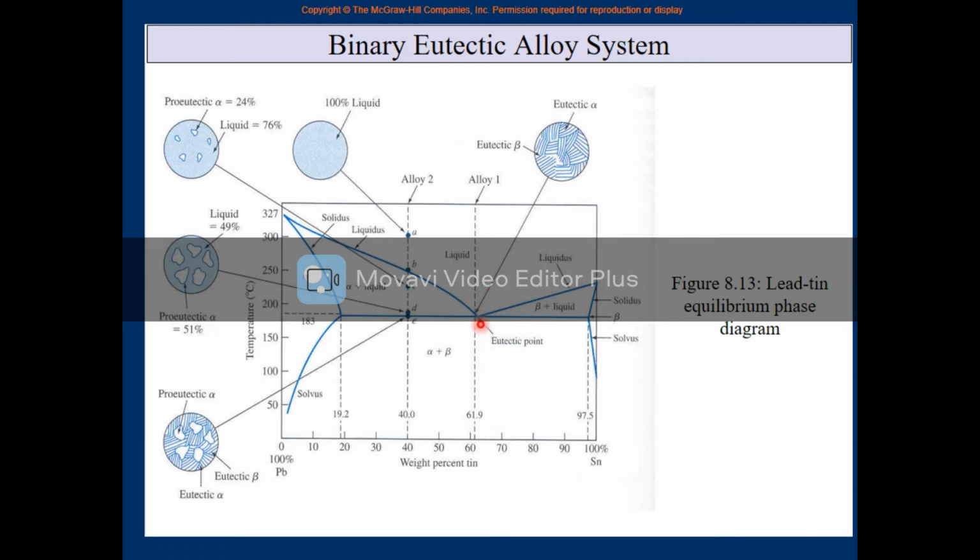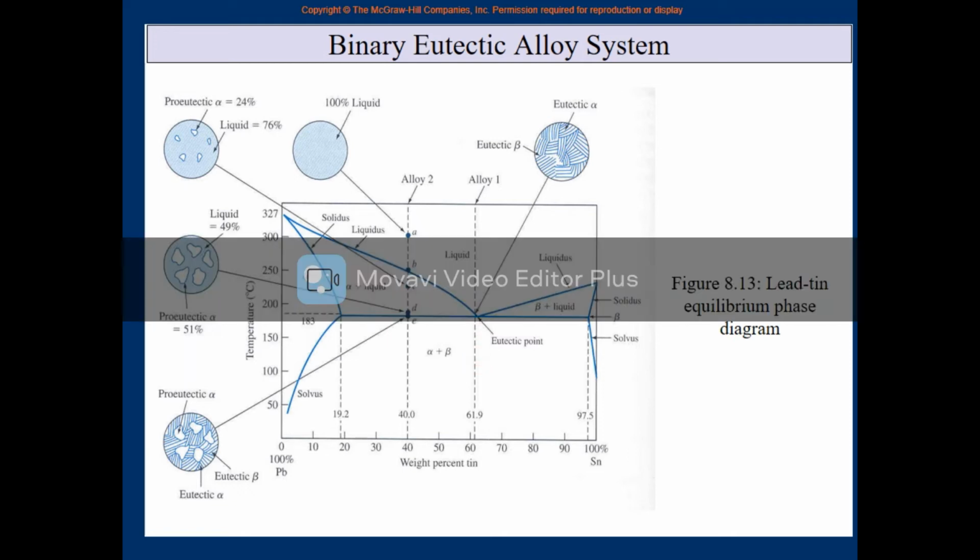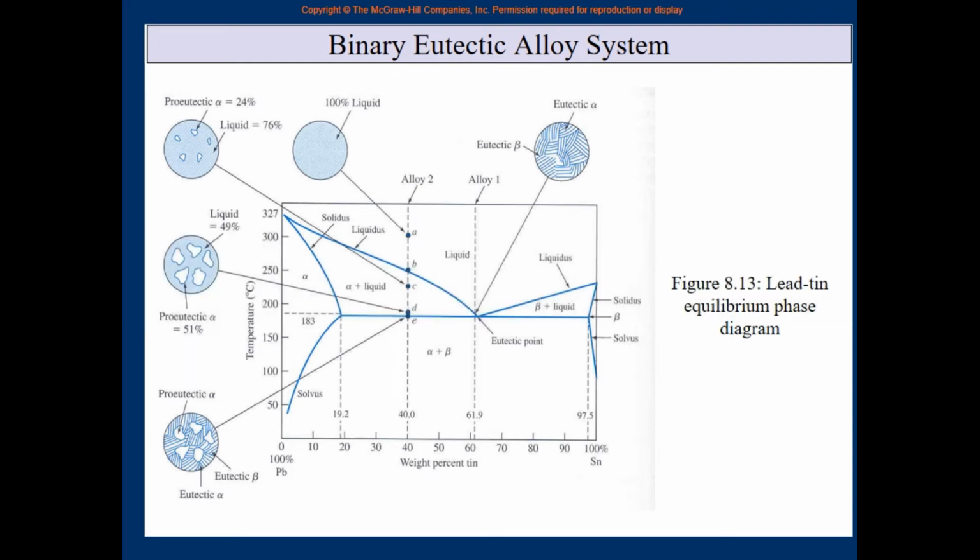So this point is known as a eutectic point, and the reaction of liquid to two solids is a eutectic reaction, and this can happen on a phase diagram only at a special point. On this lead-tin diagram, this happens at 61.9% composition and 183 Celsius.